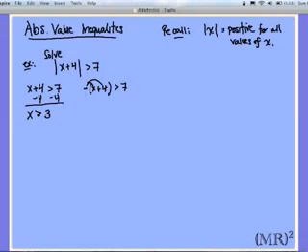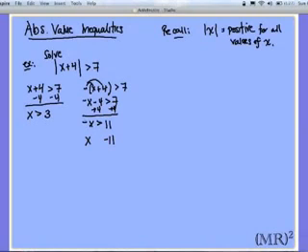Or I distribute this negative, add 4, and then because I have a negative x, I can divide it by a negative 1 to get a positive x. And I divide the 11 by a negative 1 to get negative 11.